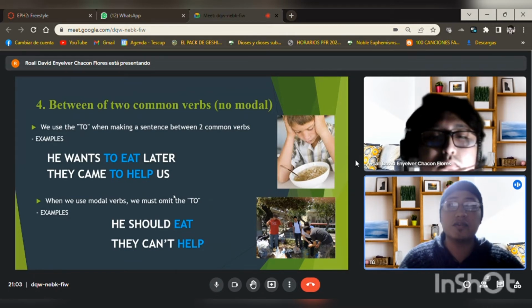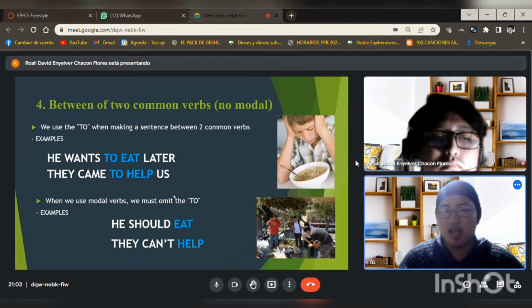For example, 'He should eat,' 'They can help.' In these cases, the modal verbs are should and can, and we omit 'to'. The action remains in the verb's basic form.